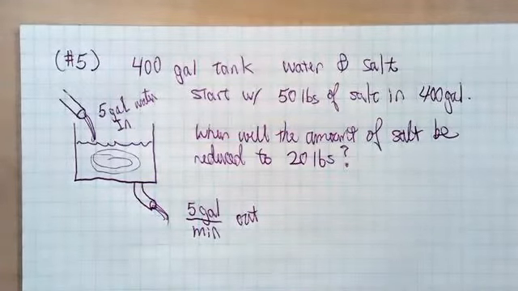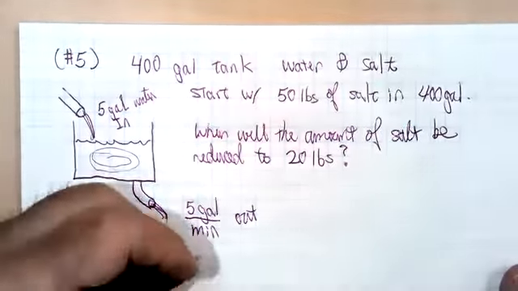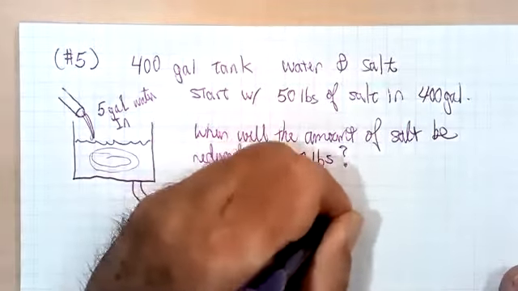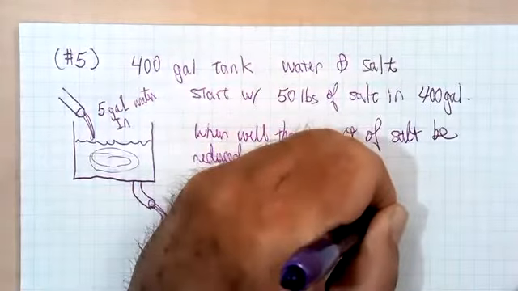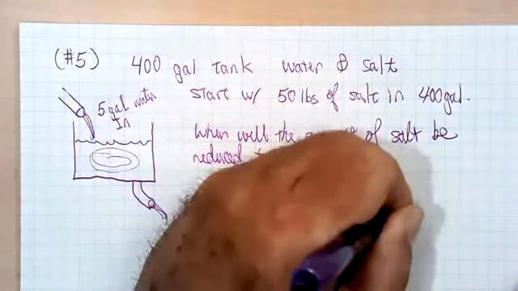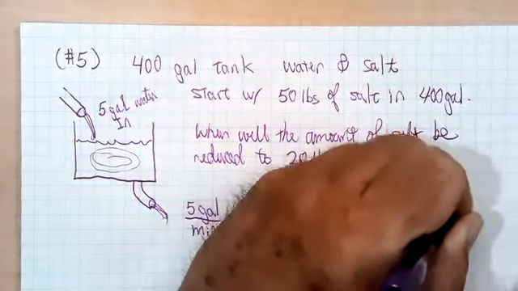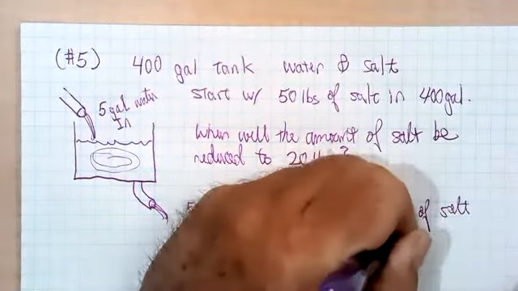Okay, well, let's think about what this looks like. We're going to let y of t equal the number of pounds of salt in the tank.